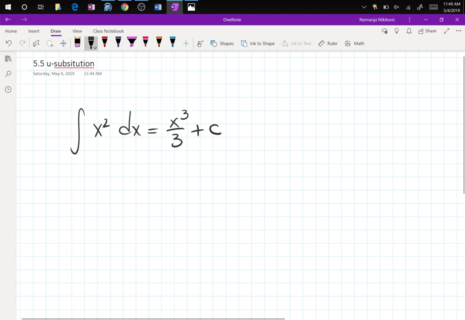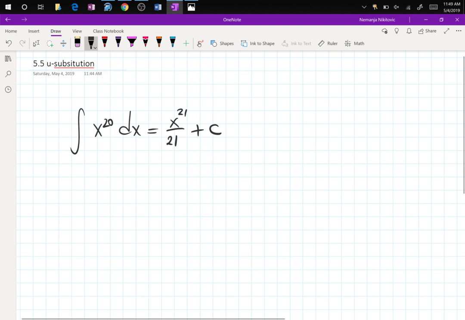Actually, I'm going to go with x to the 20th and then have this as 21 because that's easy. So x to the 20th dx is equal to x to the 21 over 21 plus c. You know this already, right, from 4.9. There's nothing special about this.